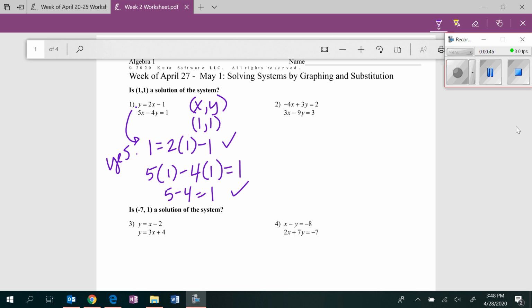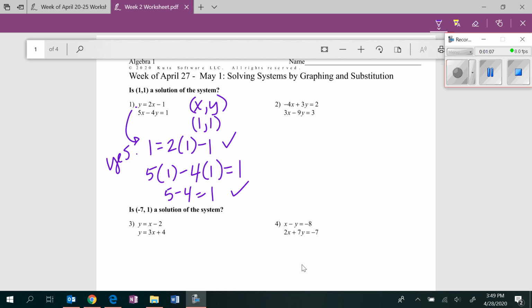That was true, 1 equals 1, so we check that off. The second equation says 5x - 4y = 1. You plug in 1 and 1 for x and y and get 5 - 4 = 1, and 5 - 4 is 1. So we checked that off and said that it is a solution.